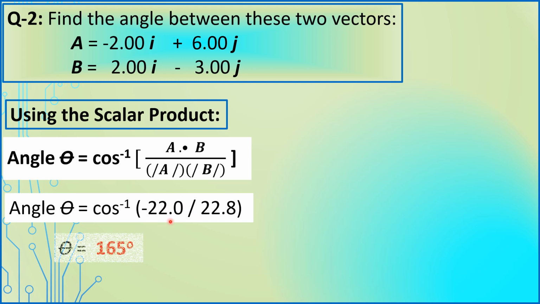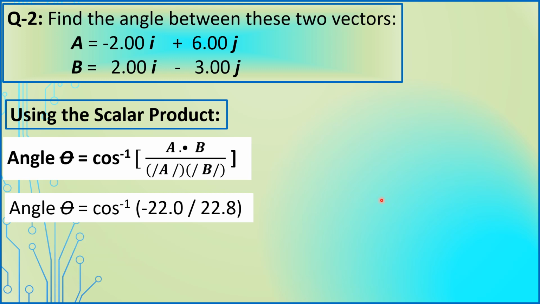Negative 22.0, that's the scalar product of the two vectors, divided by the product of their magnitudes, which is 22.8. Using your scientific calculator, we got this value for the angle theta equal to 165 degrees.